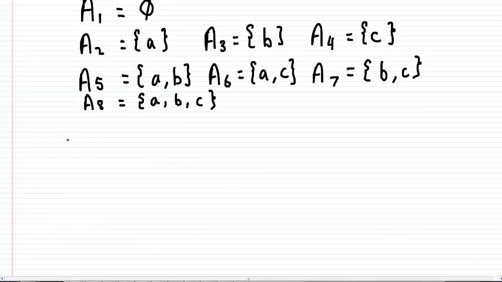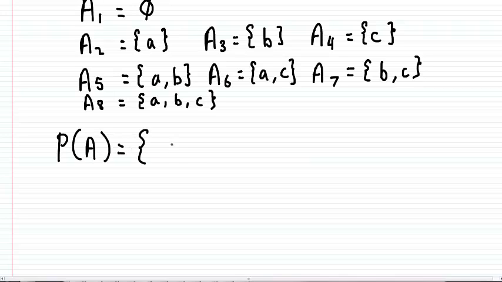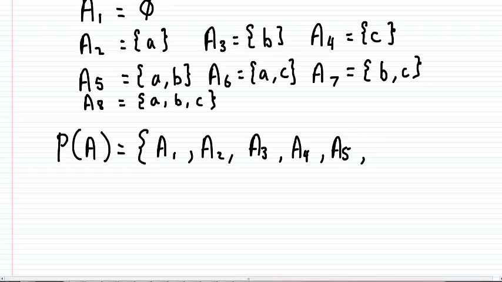So the power set of A, represented by P of A, is going to be the set of all subsets. So it's essentially going to be the set containing elements A1, A2, A3, A4, A5, A6, A7, finally A8.